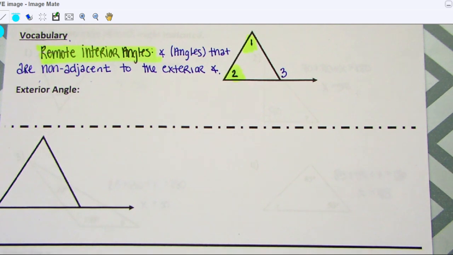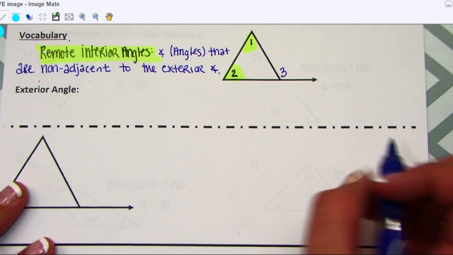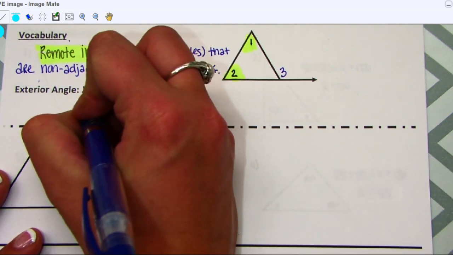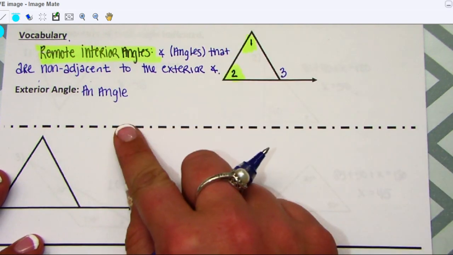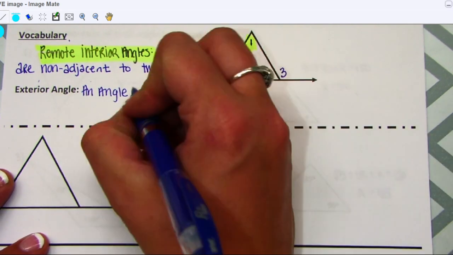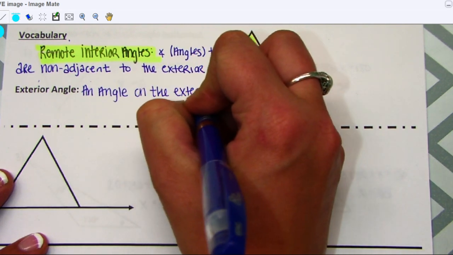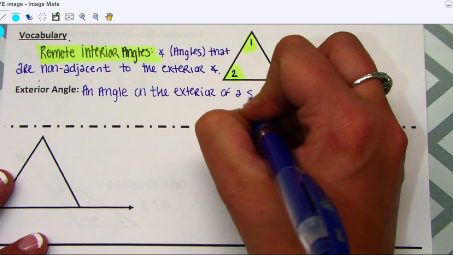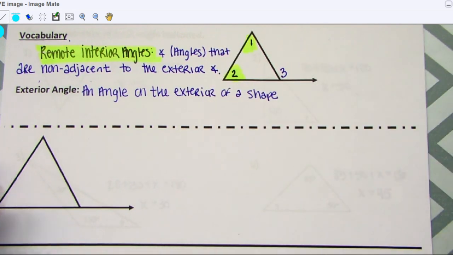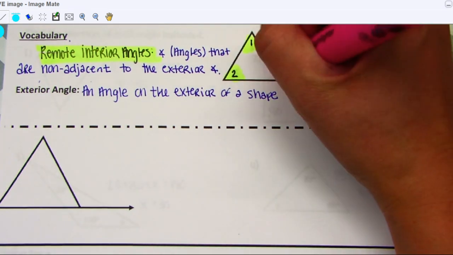All right, so angle 1 and angle 2 are the remote interior angles. They are far away from exterior angle number 3. So exterior angles, that is an angle. So you can use the symbol for angle or write the word, up to you. It's an angle on the exterior of a shape. So in this case, our exterior angle is angle 3.